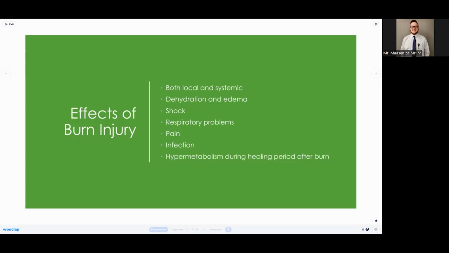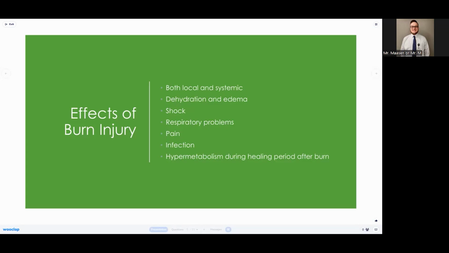Pain overall is about treatment. As skin grows and you're trying to heal, it's going to be a lot of pain, and that's a highlight for burn victims. The most concerning and most common issue that comes as a side effect of burn injuries is infection. Just simply think about it, we've lost our protective layer, so burn wounds must be cleaned thoroughly, with a very rigorous schedule for cleaning burn wounds.